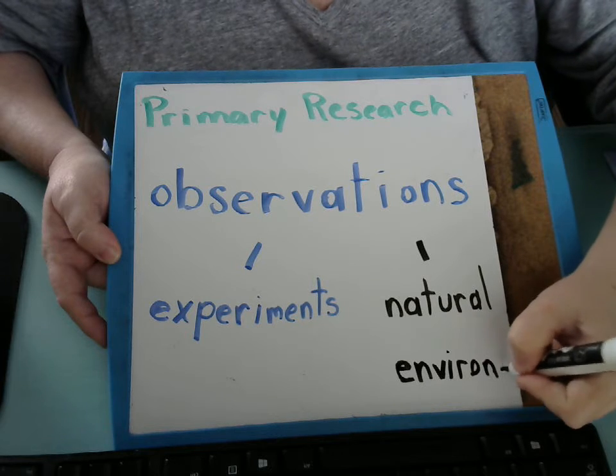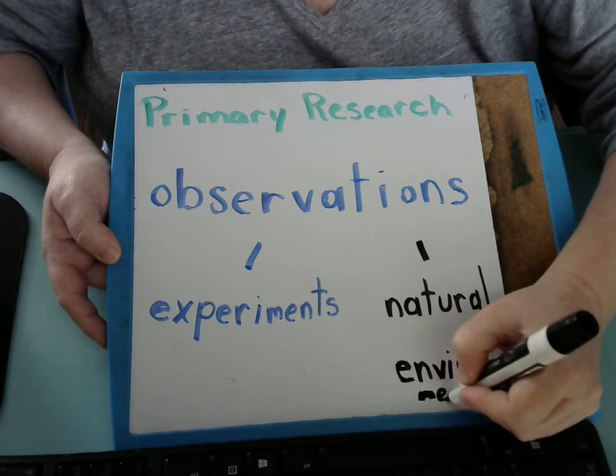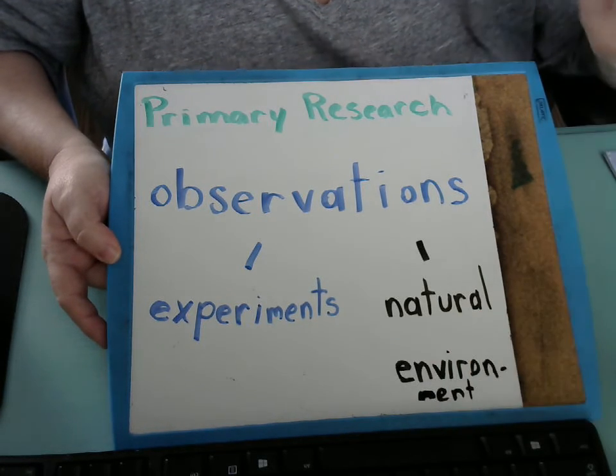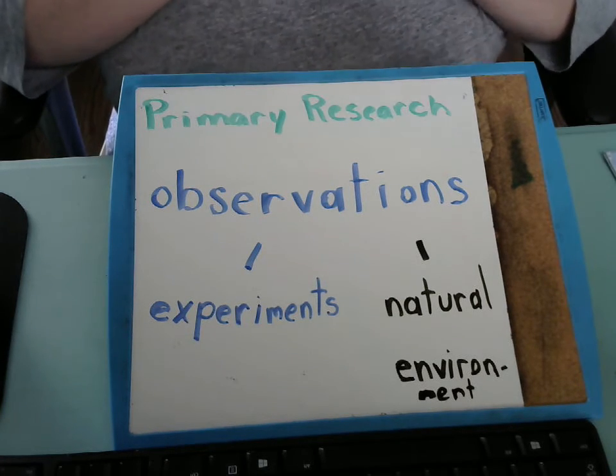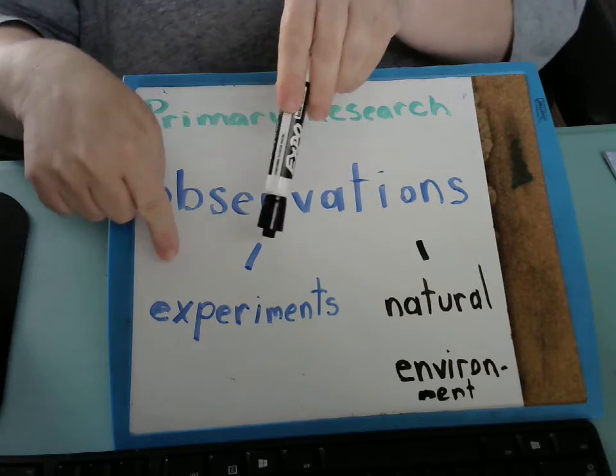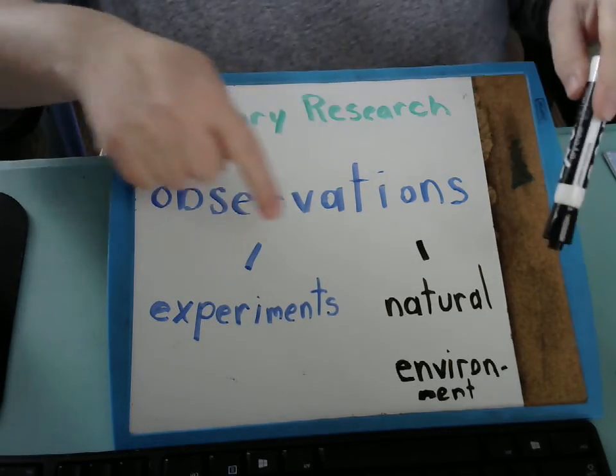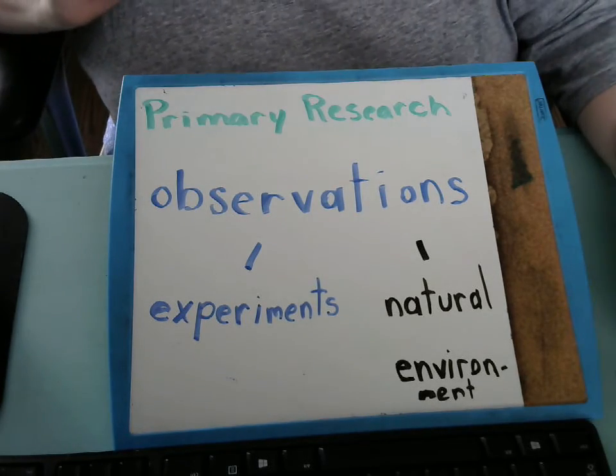Oops, not going to have enough room for environment. There we go. All right, so two ways that we can make our observations. We can do experiments like Walter Wick, or we can just observe the natural environment.